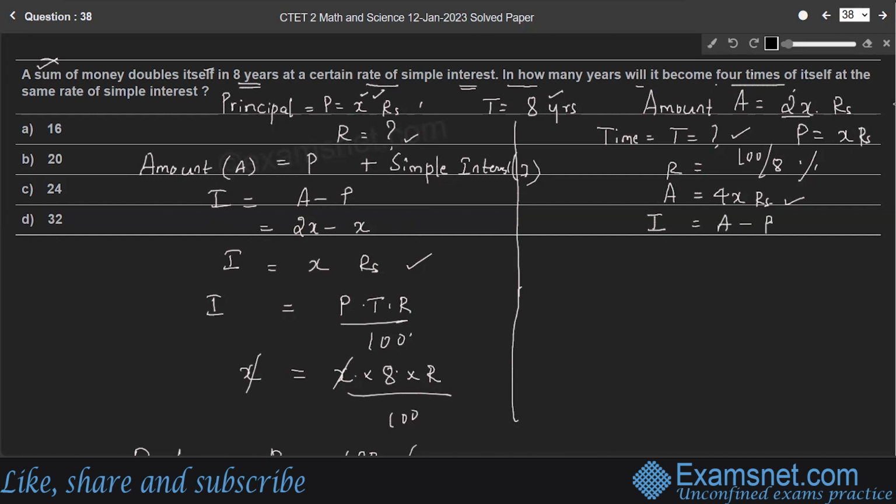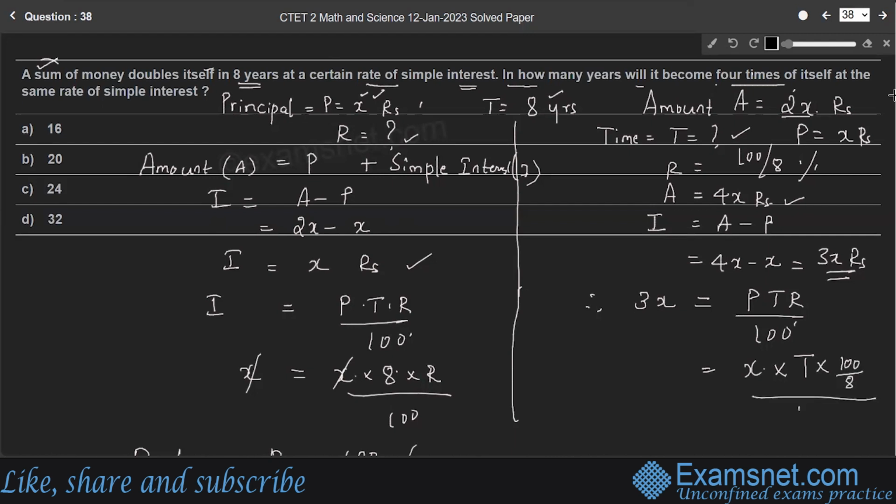Here the amount is 4x rupees minus principal x rupees, so the interest is 3x rupees. Simple interest 3x is again PTR by 100, principal x rupees into time t, which we need to find, into rate of interest 100 by 8, divided by 100.